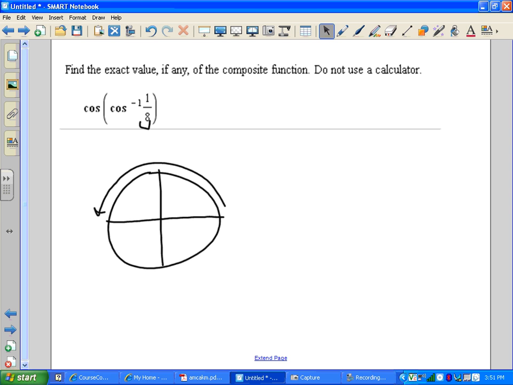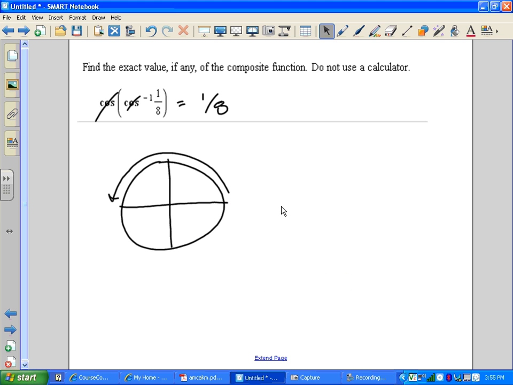And so anything in the first and second quadrant would have to be positive, and that's positive. So if I was doing the cosine of the inverse cosine of -1/8, then I'd have some trouble there. I couldn't cancel that out because that -1/8 would not be in the first or the second quadrant. But in this case, it does. So that just cancels out, and I got 1/8 there.